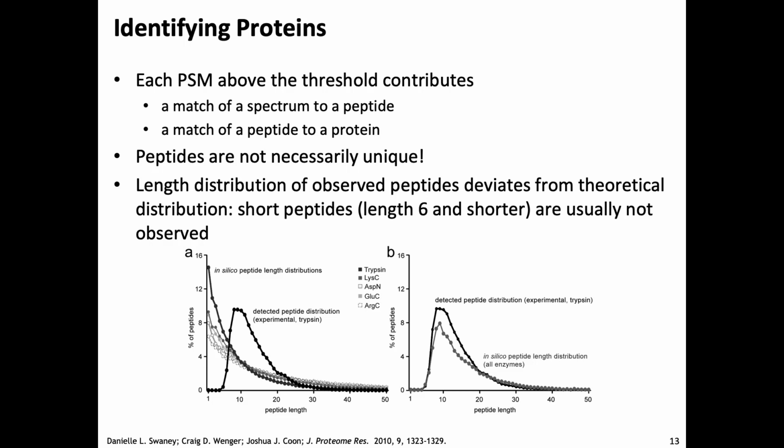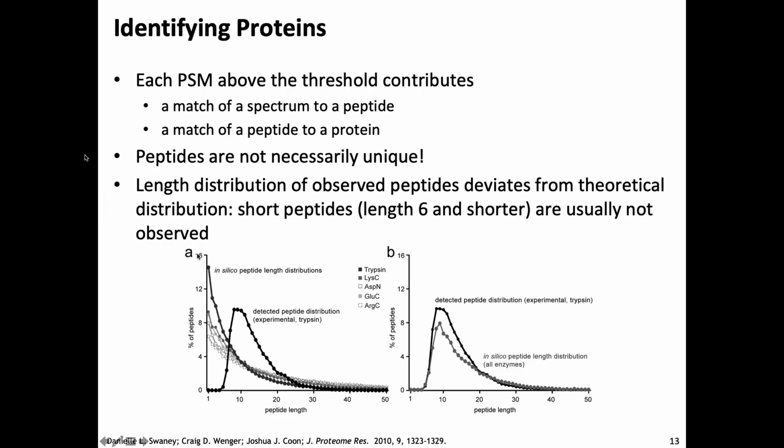And it has to do with length distribution. What is shown here is the number of peptides that were detected in a proteomics experiment, and that's this solid curve here. You can see there is a maximum at about 10 amino acids.